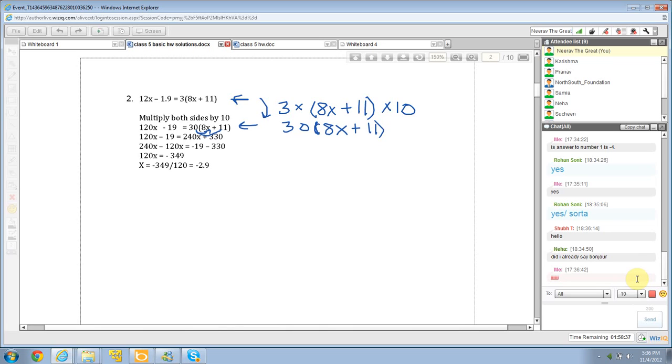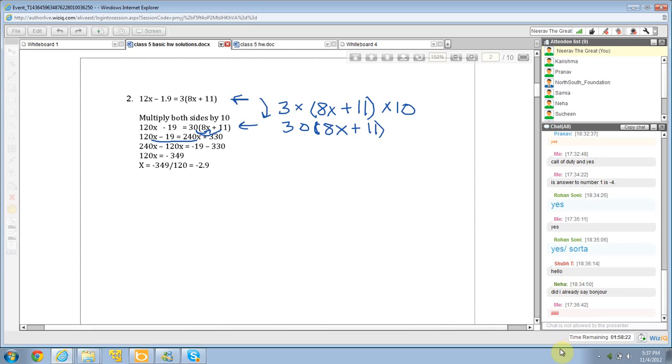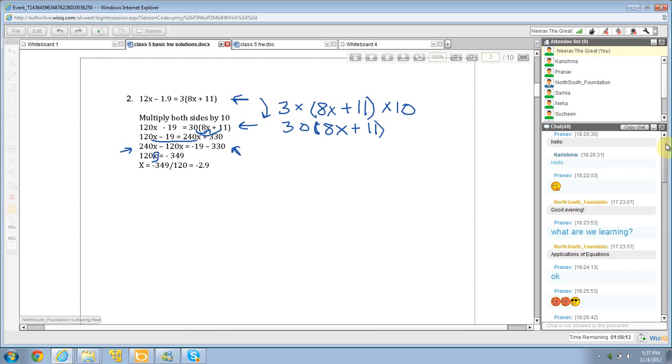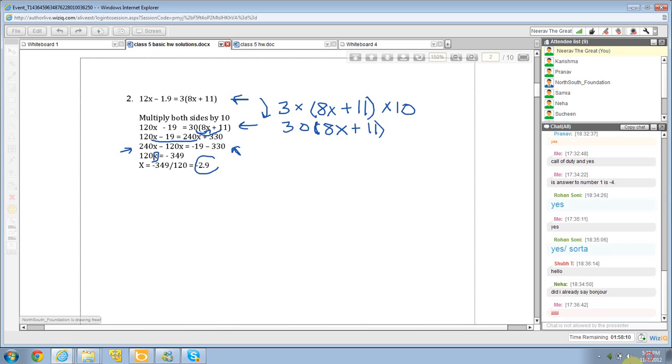You basically flip flop the sides. We took the 120x to this side and brought the 330 to the other side. So we have 240x minus 120x equals negative 19 minus 330. Then you solve both sides, and you get 120x equals negative 349. Divide both sides by 120 to get x on one side only, and you get approximately negative 2.9.